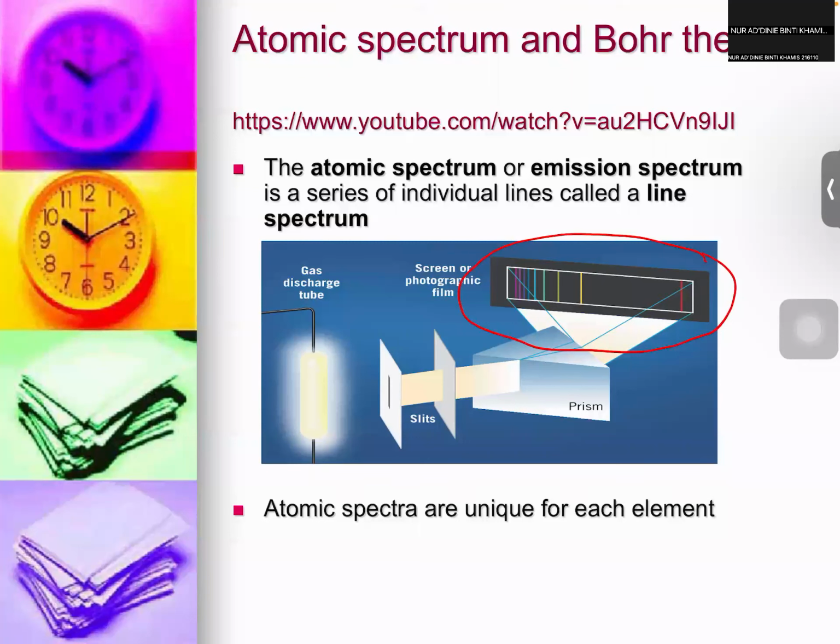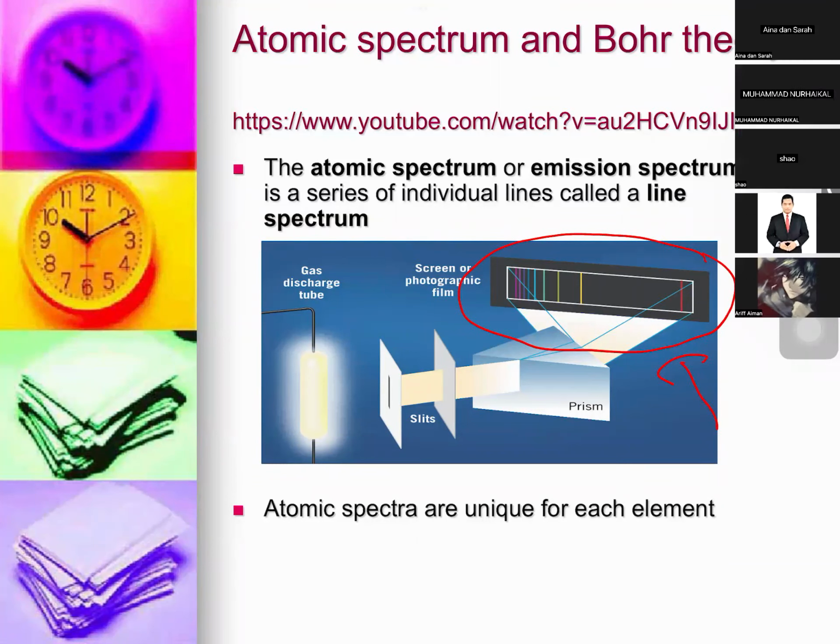So have you discussed atomic spectrum before in CHM3000? Yes. So what do you understand about the production of atomic spectrum or emission spectrum? How do they get these lines? Based on the lambda. Okay.